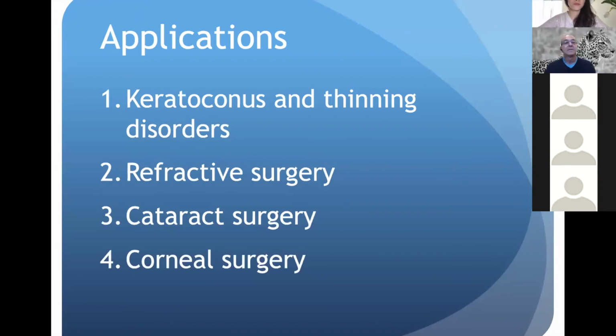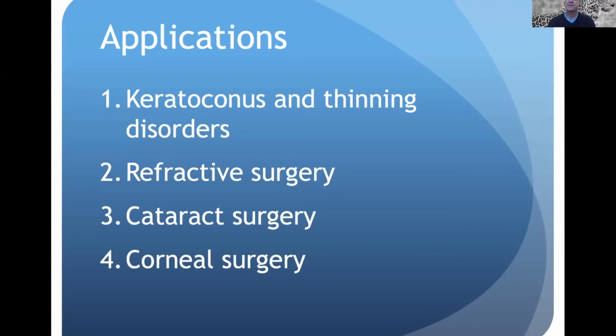So, well, now with that background, let's go on and talk about some of the applications of topography. I've listed 4 here: keratoconus and thinning disorders, refractive surgery, cataract surgery, and of course, corneal surgery as well.